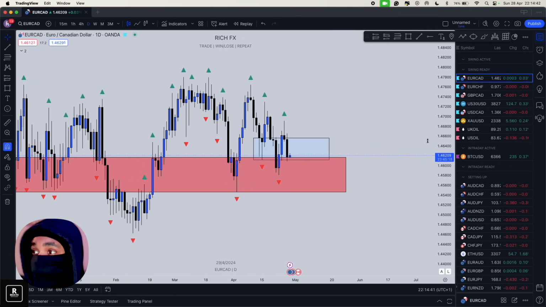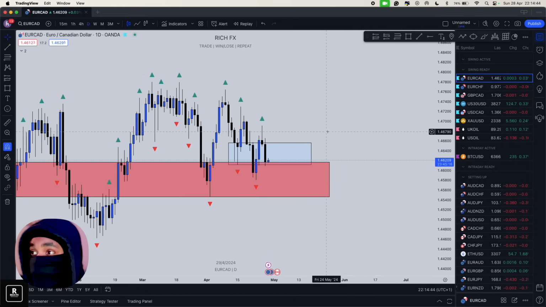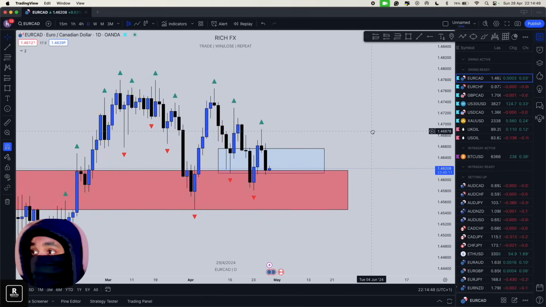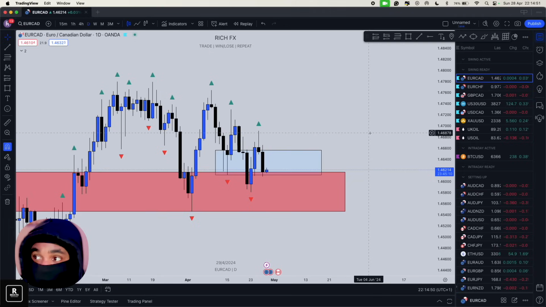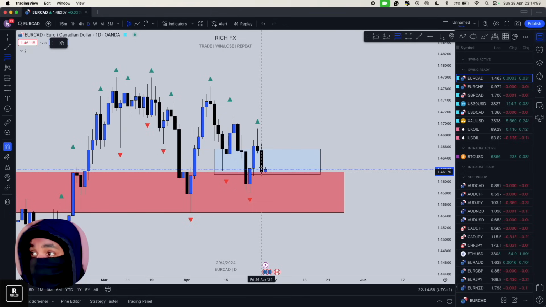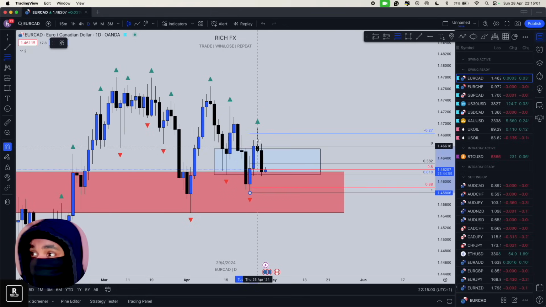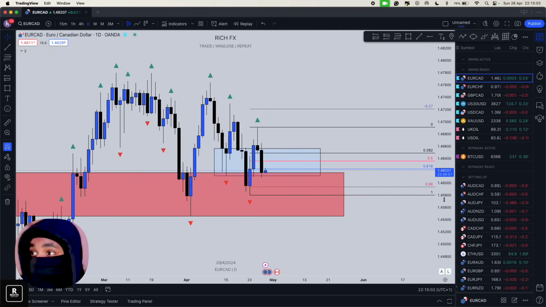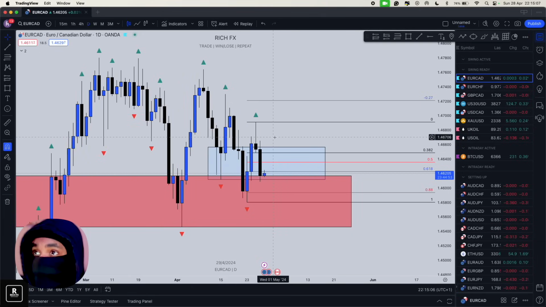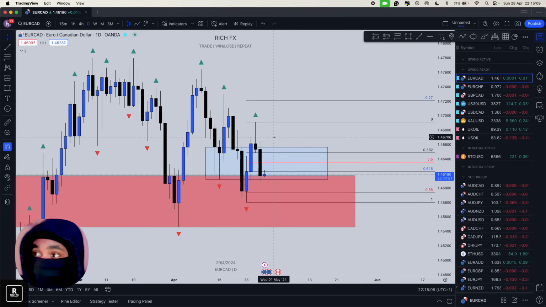If it does, then we will no longer be looking for setups, because the correction would have been too strong in comparison to the daily impulse. But for the time being, as you can see, we've already got our two confluences. So the daily, we've got our impulse and correction, which is also bullish, and then we've got the weekly time frame, which is also bullish. So that's two confluences.